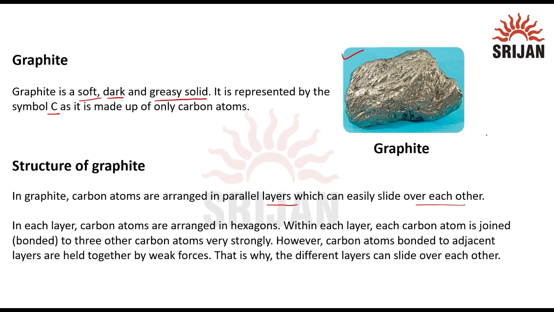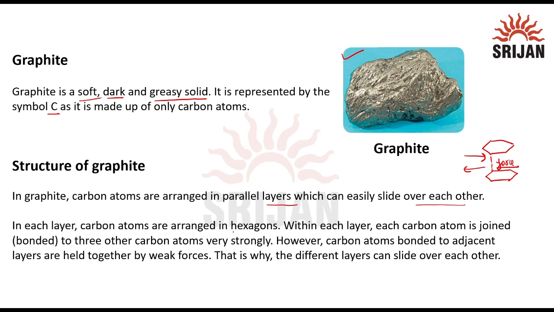If we look more deeply, you will see hexagon rings like this in the graphite structure, present layer by layer on each other, which are held together by weak forces, right? That's why these two layers can slide over each other.